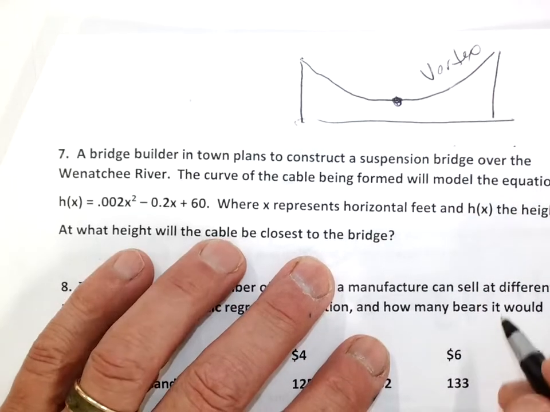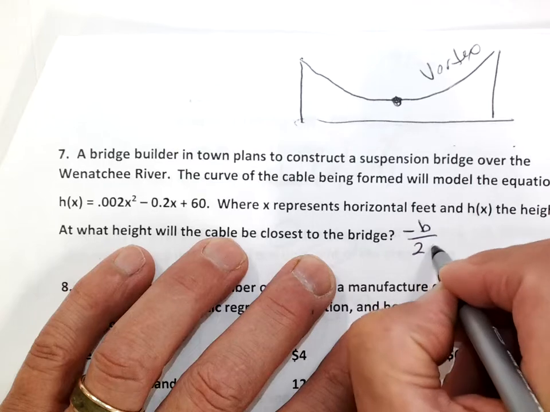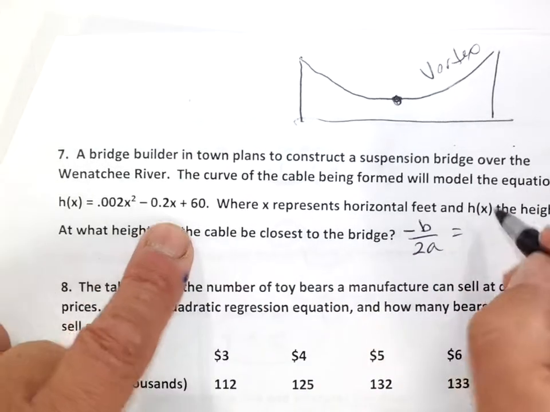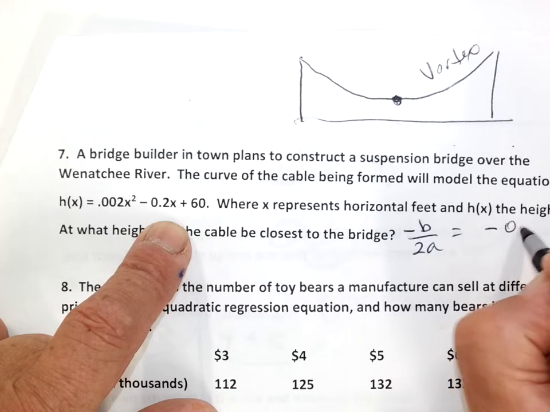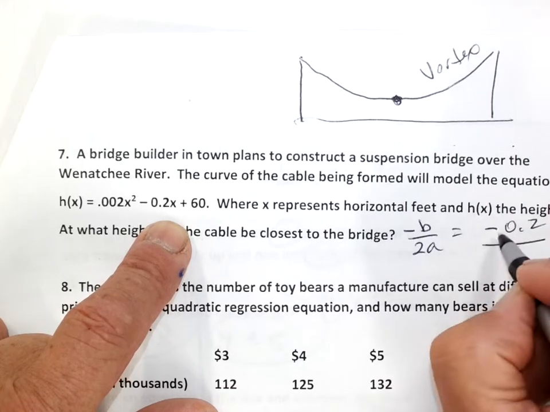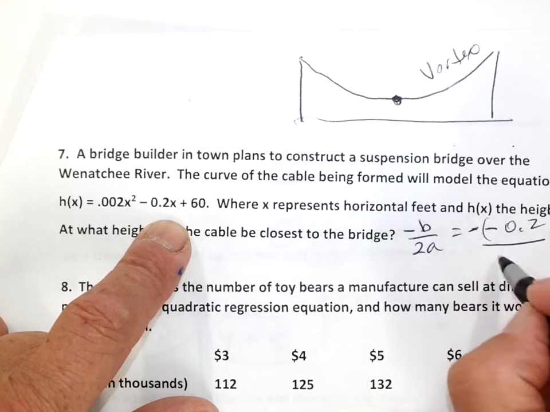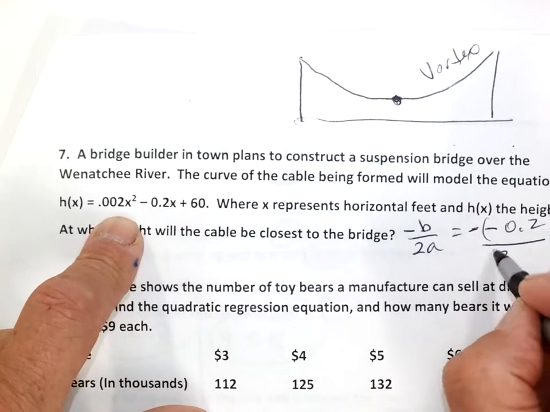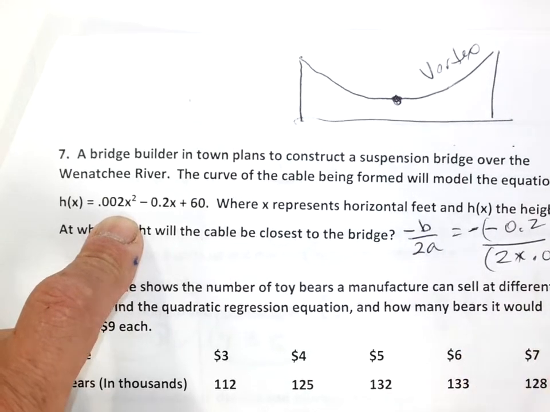Oh, I have a formula for that. I can use the negative b over 2a, can't I? So I'm going to go a negative 0.2, negative, right? Double negative, divided by 2 times the value of a, which is going to be times my 0.002.